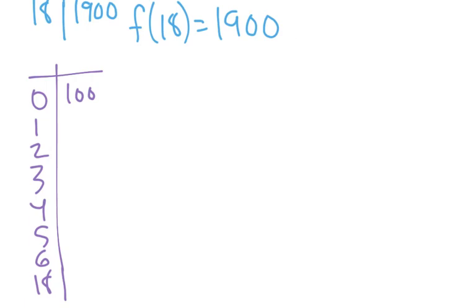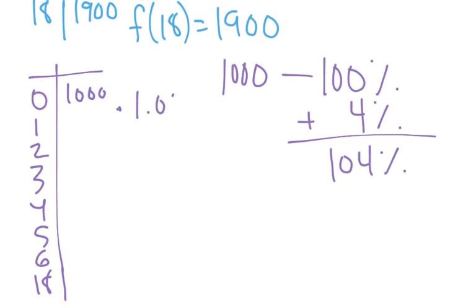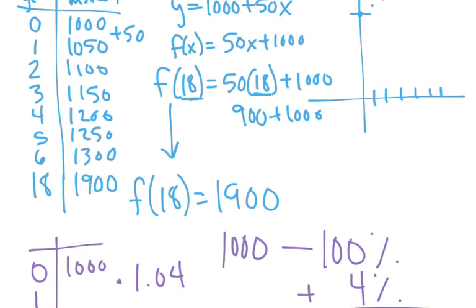Well, we start with 1,000, and every year we're timesing by 4%, right? But when we think about it, we're taking that $1,000, which is 100% of your money, and we're adding to it 4%, right? So really it's 104% that it's growing, so it'd be timesing by 1.04.